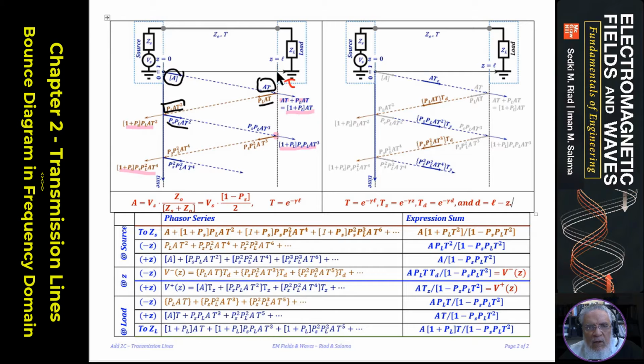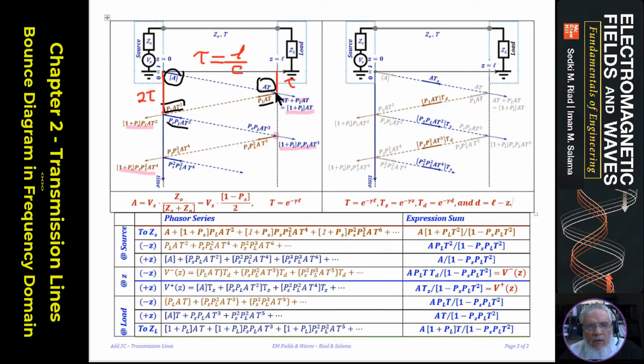Tau is the time it takes a signal to do one-way travel. A two-way travel, by the time it comes back here, will be 2 tau. So this is 2 tau, where tau is basically the length of the line divided by the phase velocity, L over C.